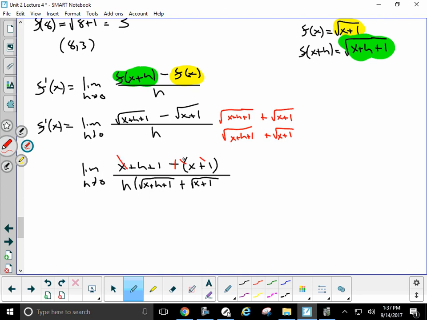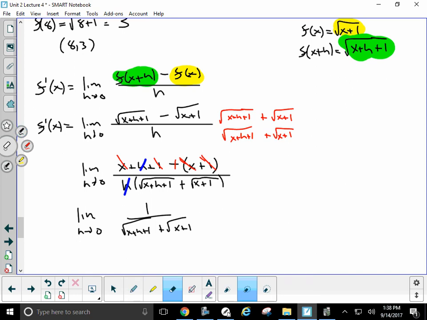X's cancel. 1's cancel. I'm just left with h over h times the conjugate. These h's will cancel, leaving me with 1 over root x plus h plus 1 plus root x plus 1.